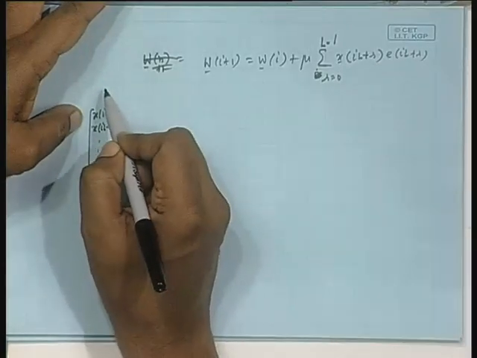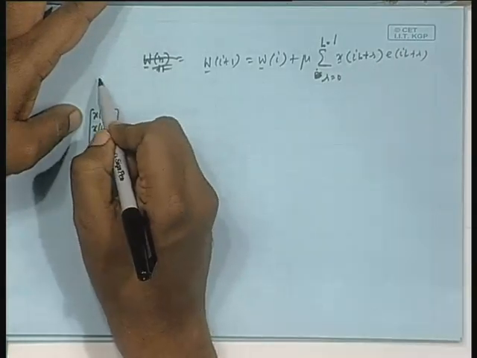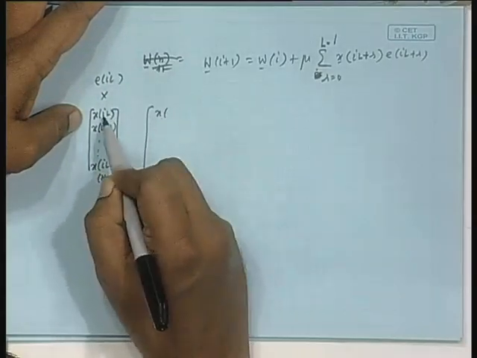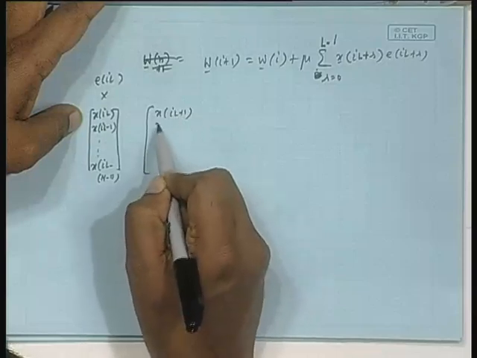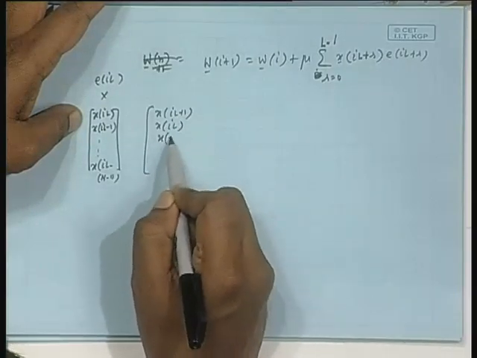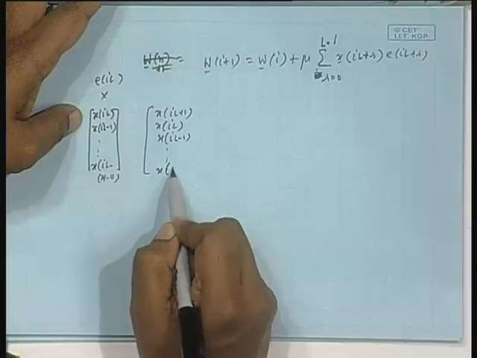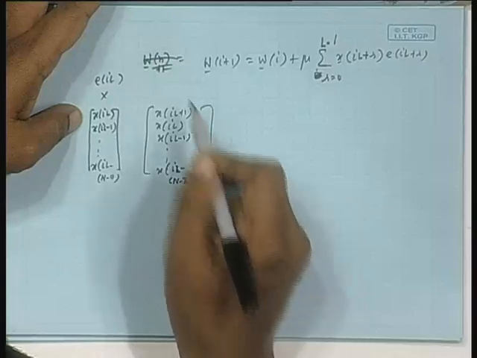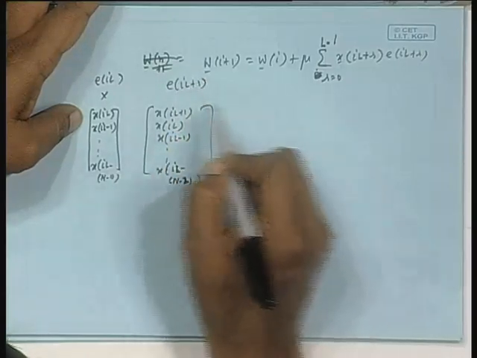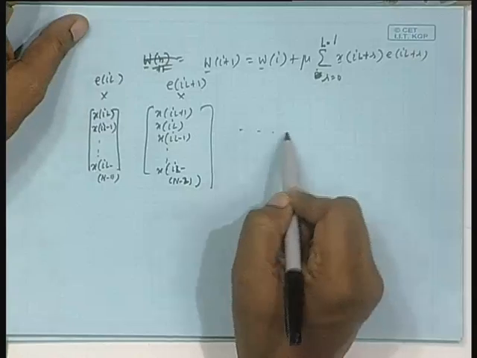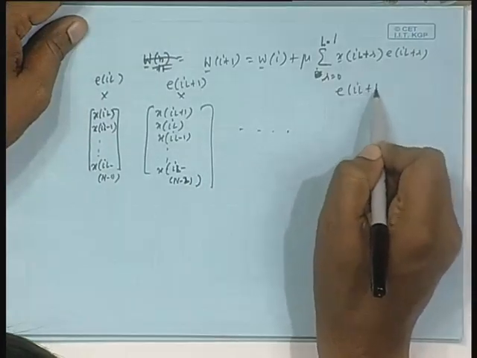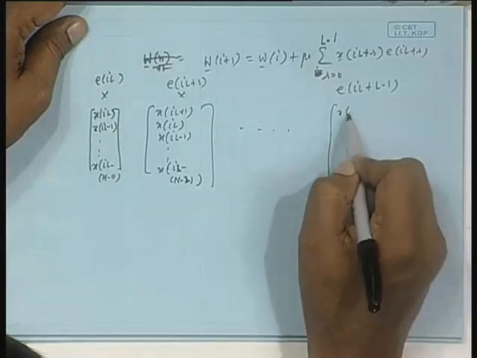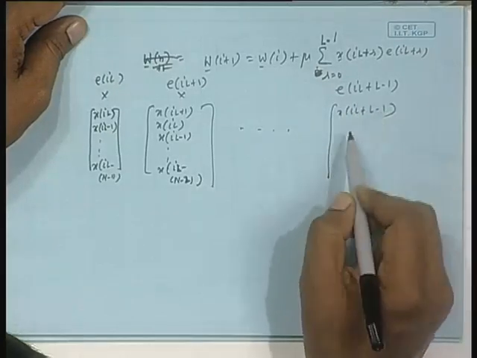This will be multiplied by E I L. Next block, you understand, I L will go on, I L plus 1, dot dot dot.